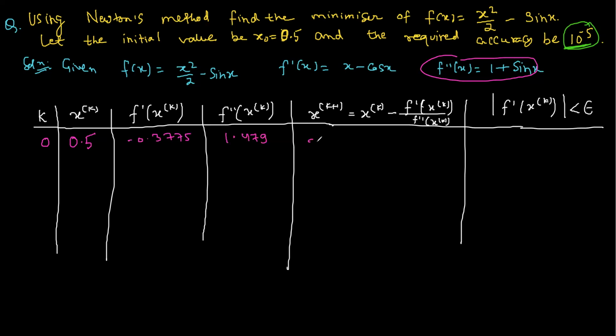Okay. Now find x1. X1 means what? x0 minus f dash x0 divided by f double dash x0. And you have everything. X0 is what? 0.5 minus 0.3775 divided by 1.479. Solve this and tell me the value.